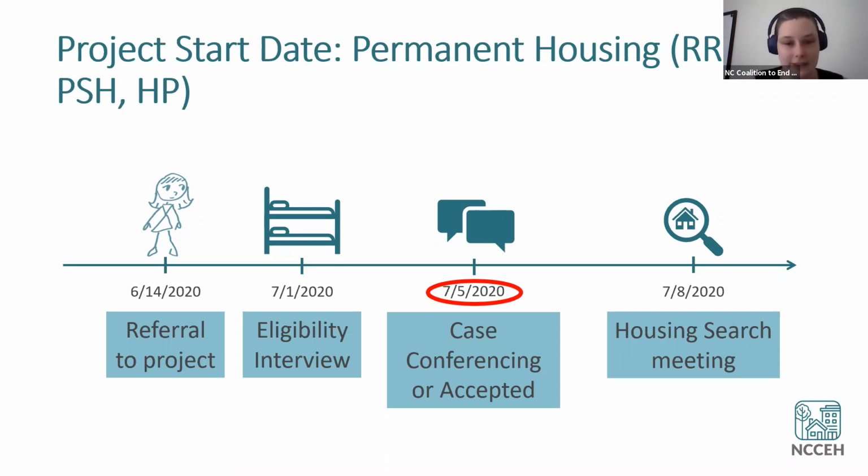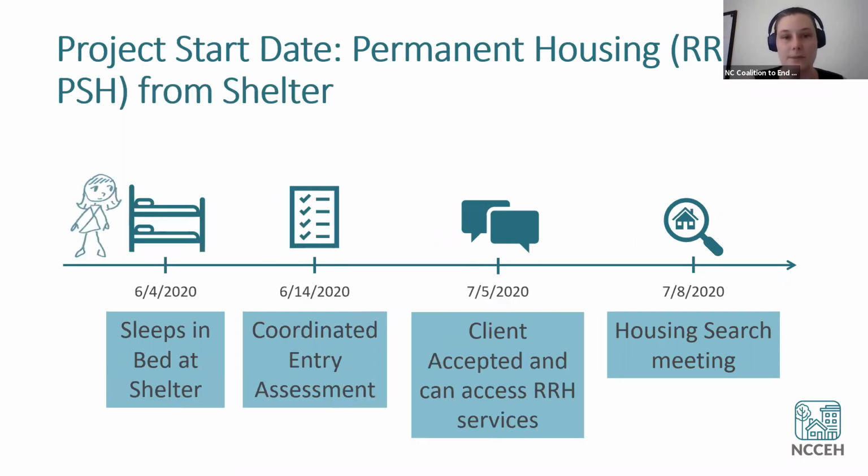Let's go to another example of permanent housing, because sometimes it can feel a little different when there are multiple projects being considered. I'm going to launch this. Henrietta is sleeping at a shelter, and 2 weeks later has a coordinated entry assessment conducted.